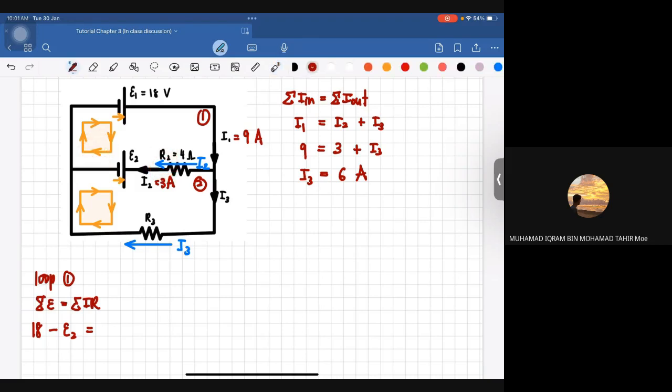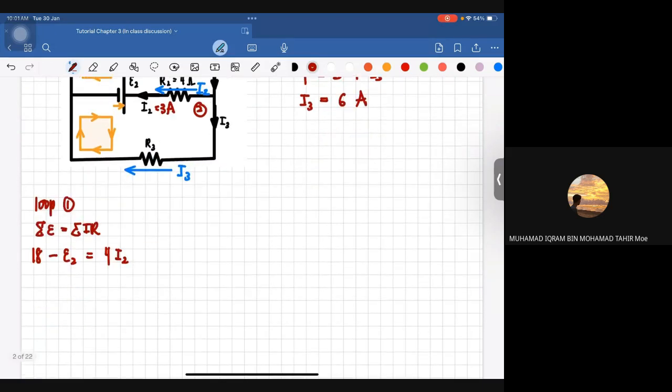Sebab dia akan jadi positif I2. So bolehkah tidak kita cari EMF 2 di sini? Boleh sebab nilai I2 ni kita sudah ada. Okay. So yang ini kita akan dapat EMF 2 18 tolak 4. I2 is 3. Okay, so EMF 2 ni kita akan dapat 6 volt.